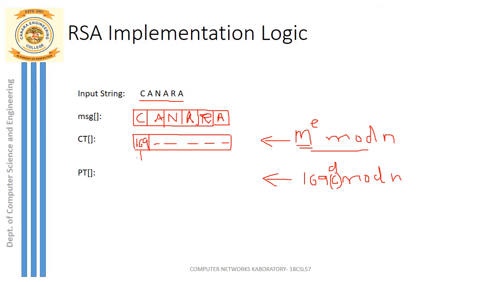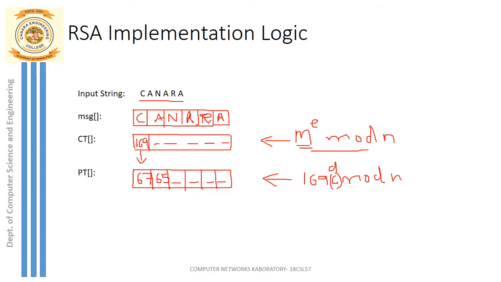As a result, inside the PT array, we get the ASCII value of the particular character that we initially took. We get ASCII values like 67, which is the ASCII value of C, and like that 65 and so on.